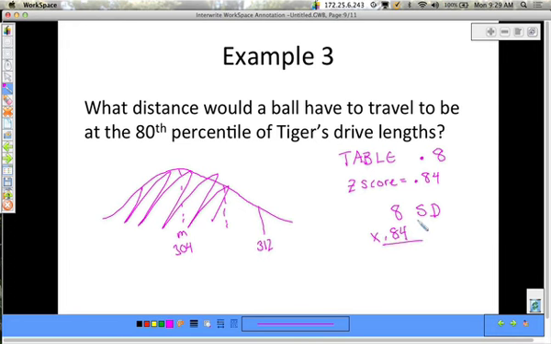Let's see, 8 times 0.84, 6.72 away. So if we add 6.72, 304 plus 6.72, we get 310.72 yards. We'd probably round up and say 311 yards.